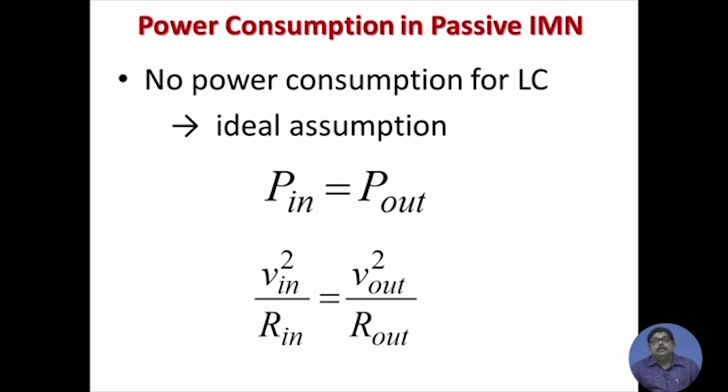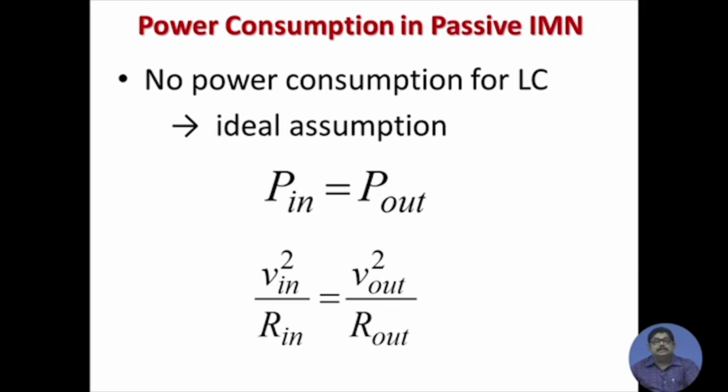Now, if the L and C are ideal, as I said, this assumption holds up to a certain frequency. After that frequency you cannot call them ideal, but within that frequency range, typically up to 1 gigahertz, you can say that L and C are reactive elements, so no power is dissipated in them. So, P in and P out are the same for them.